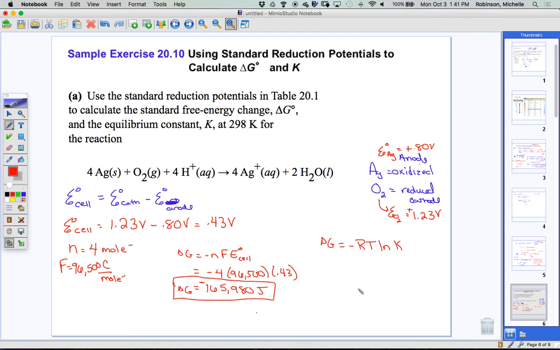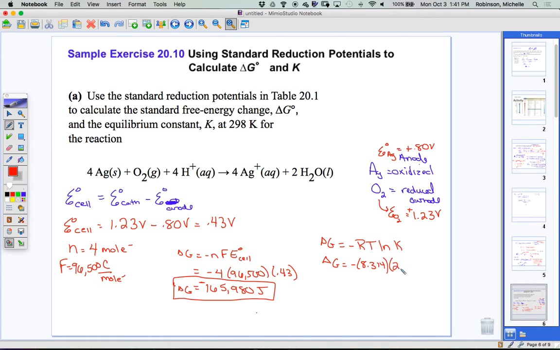Is R 8.314? Yes. 8.314. I'm going to drop my unit so it'll fit.